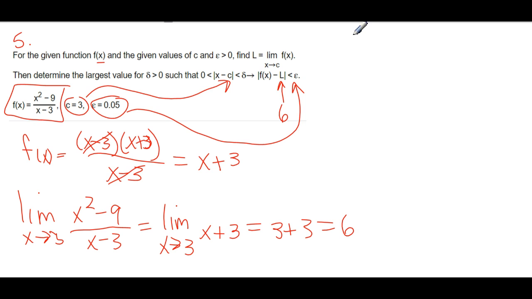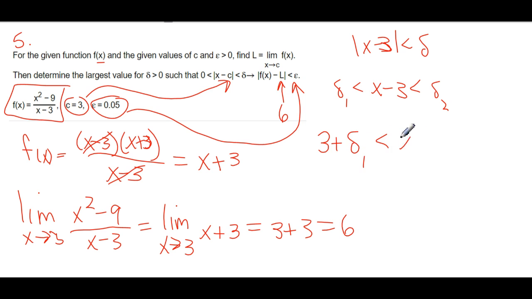I need to say, alright, the absolute value of x minus 3 is less than delta, which means, again, negative delta 1 is less than x minus 3 is less than delta 2. Then I add 3 to both sides. I'll get 3 plus delta 1 is less than x is less than 3 plus delta 2.